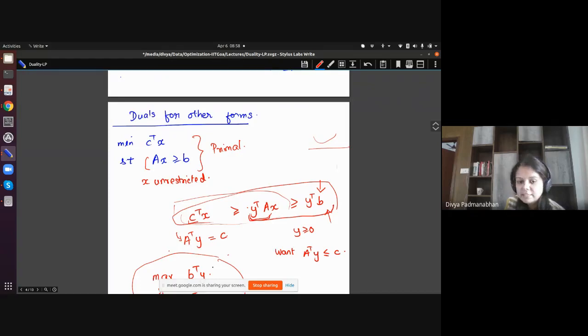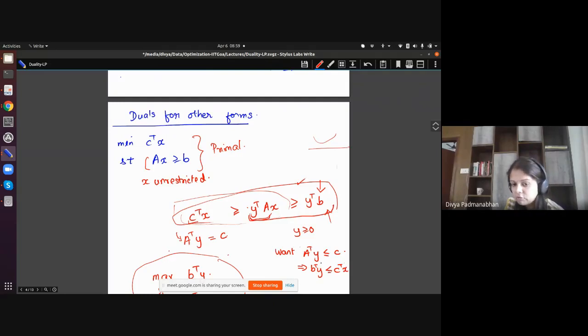If the x's are greater than 0 and you ensure this to be true, then A transpose Y less than or equal to C will in effect ensure that B transpose Y is less than C transpose X, because this side is taken care of.